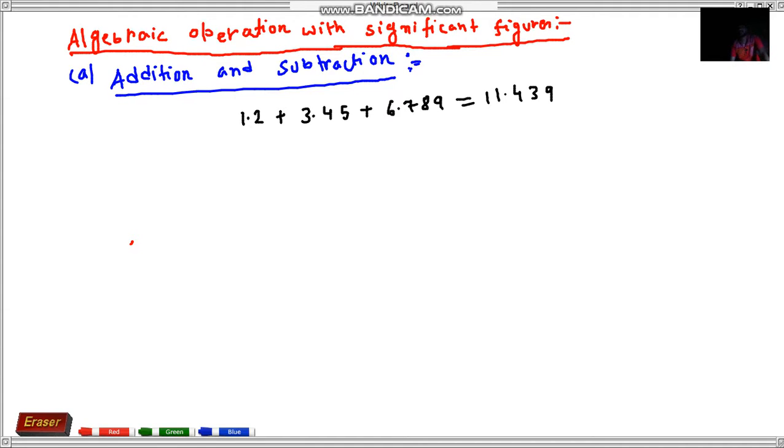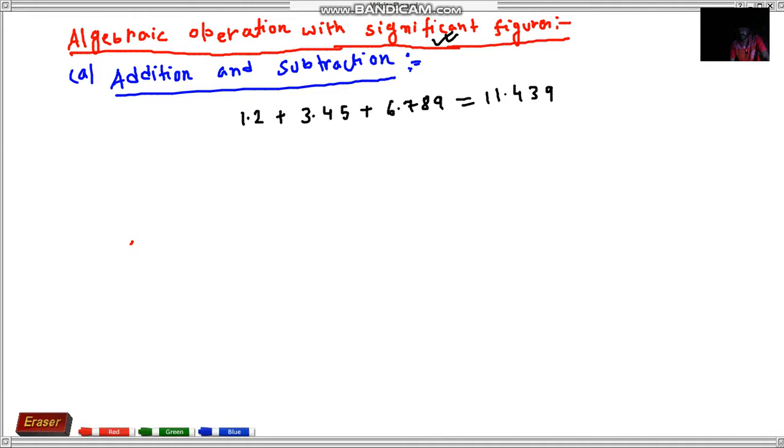Now, using the concept of significant figures and rounding off, we have to give the answer. What will be the rules in this case? Here we have to find the least number of significant digits.